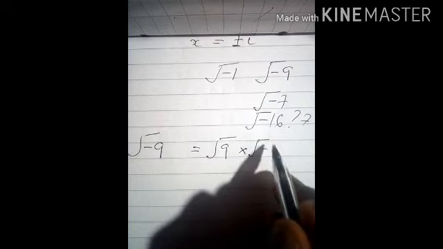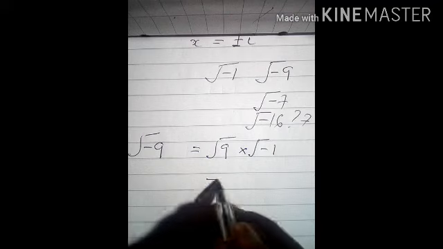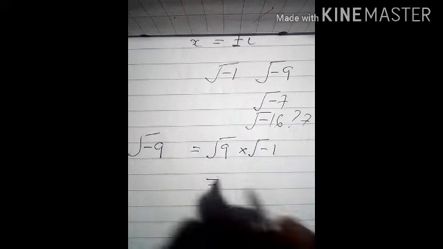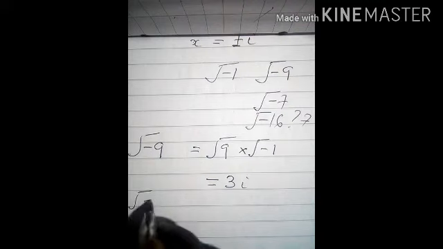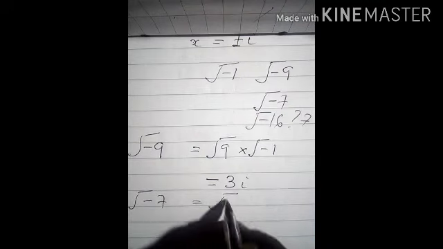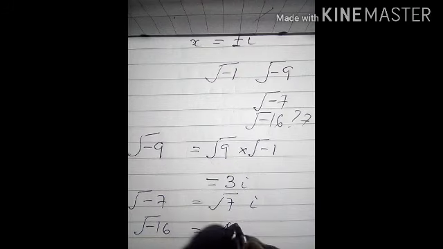But root of negative 1 is the same as i from above. Root of 9 is a perfect square, which will be 3i. Root of negative 7 also gives us root of 7 times i, and root of negative 16, where root of 16 is a perfect square, should also give us 4i.